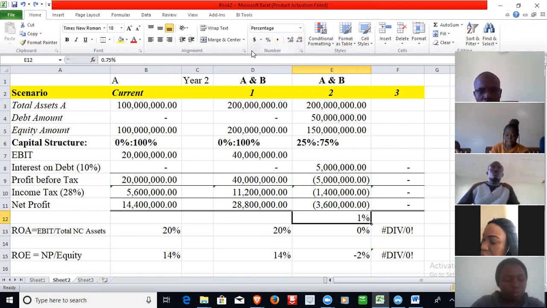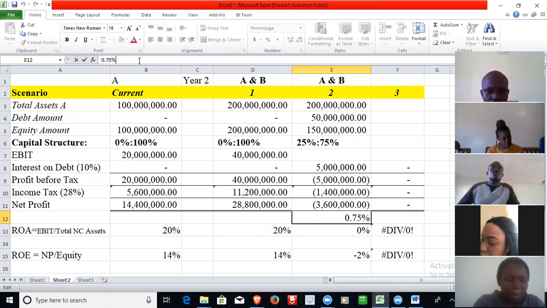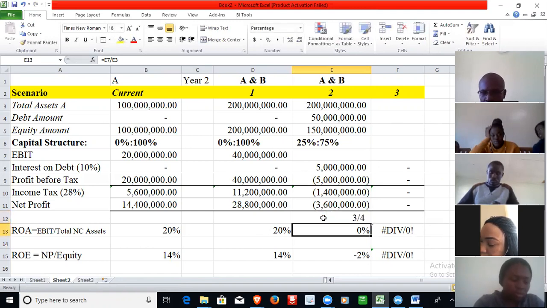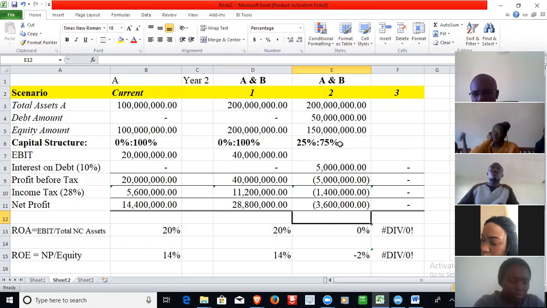We're saying 150 divided by 200, we get 3/4, which as a percentage is 75%. Are you together? So which is 25% debt and 75% what?